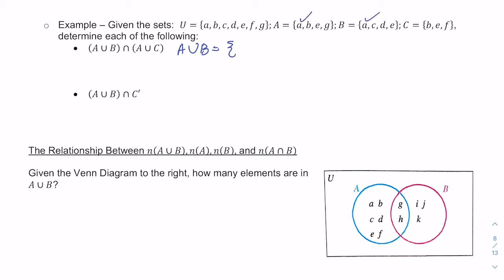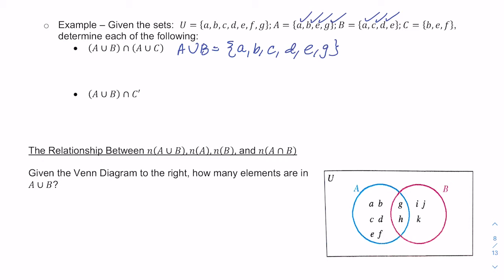So I need to have an A, a B, a C, a D, an E, a G, and that would be A or B.